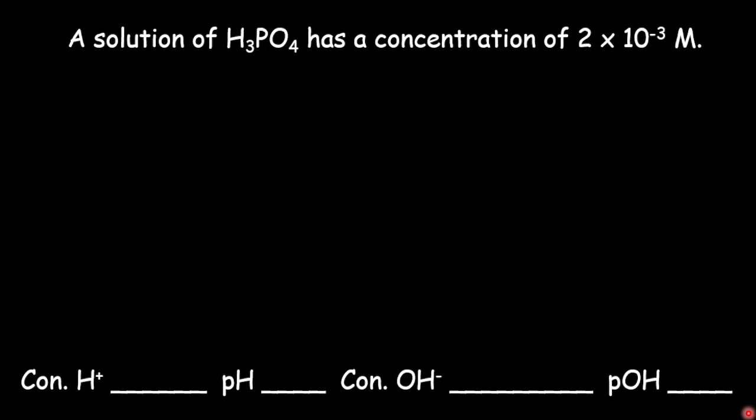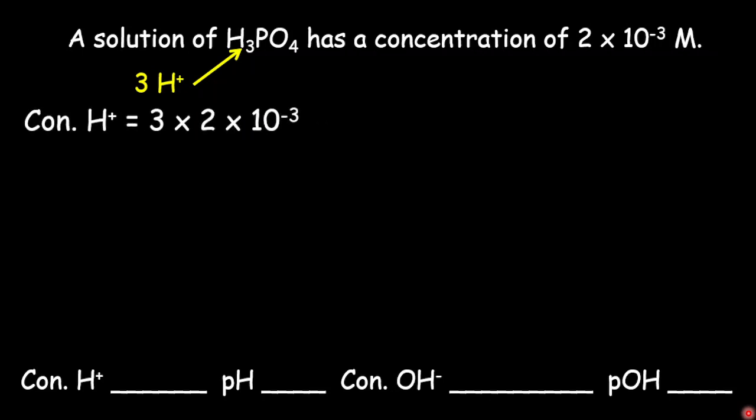The first thing to point out is that phosphoric acid has 3 positive ions. In a solution, H3PO4 will dissociate into 3 H plus ions. That's very important for us to understand. Importantly, since the concentration of H3PO4 is 2 times 10 to the minus 3, the concentration of H plus ions will be 3 times that amount.